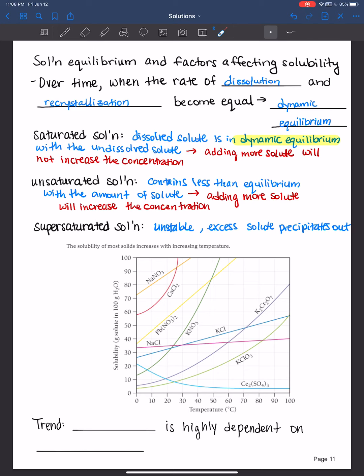The solute would just start crashing out of solution. Now, these types of solutions are sensitive to temperature, and here's a graph of some solid ionic compounds dissolving in water based on temperature.